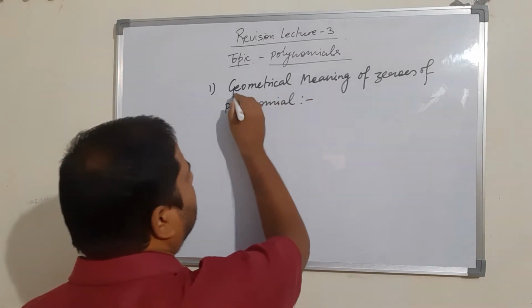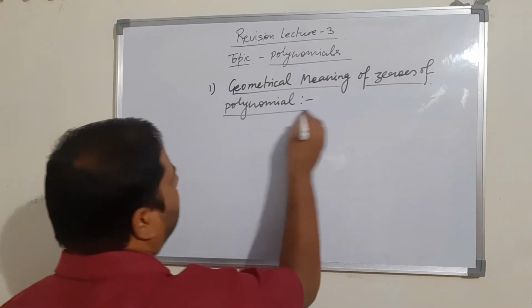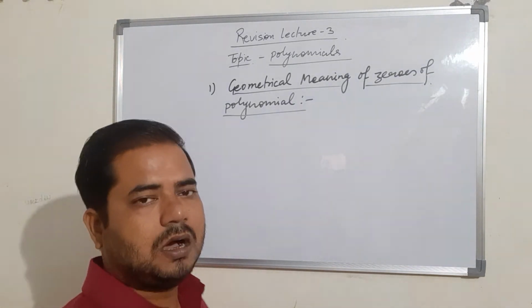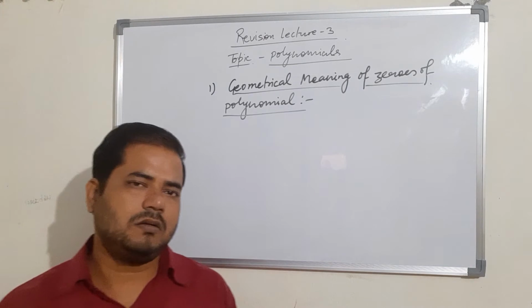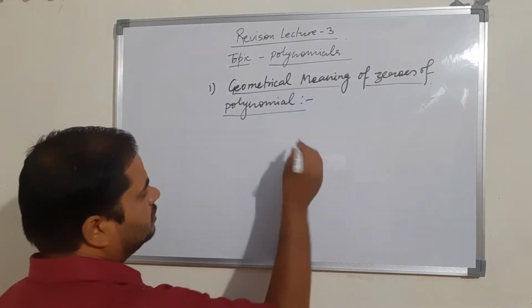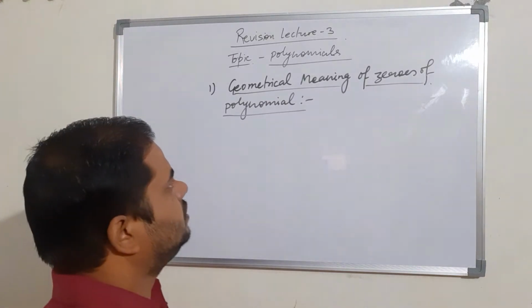In this particular section, we have to find geometrically how many zeros the polynomial has. Okay. So first of all, understand what the zeros are.